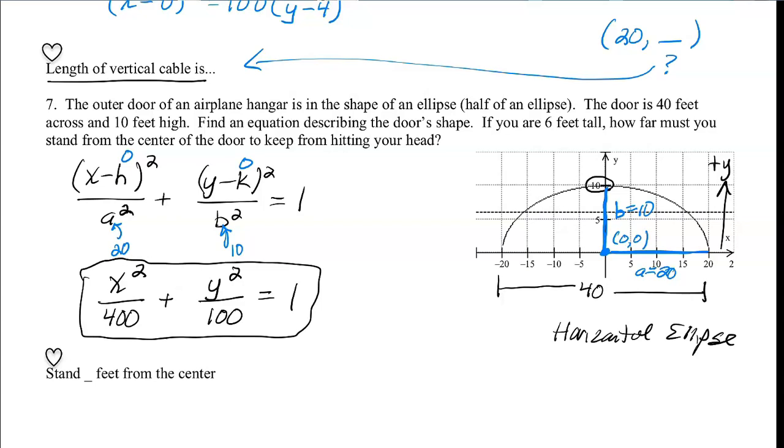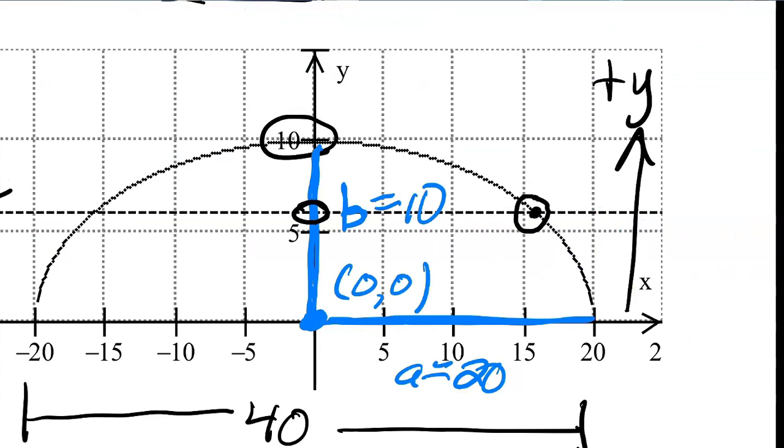And you're asked, if you are 6 feet tall, how far must you stand from the center? So if you're 6 feet tall, 6 feet tall is this line that we have graphed here, the 6 foot line. You can see right about here it's passing through 6 foot. So it looks like how far from the center is going to be roughly, let's zoom in here, somewhere between 15 and 20, but much closer to 15.